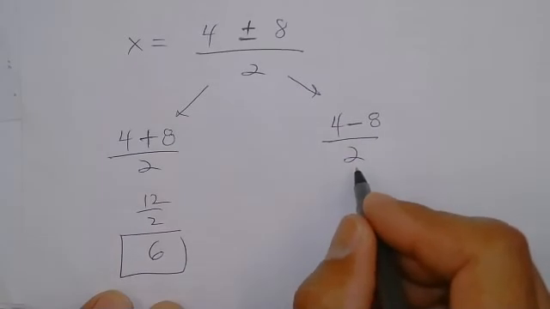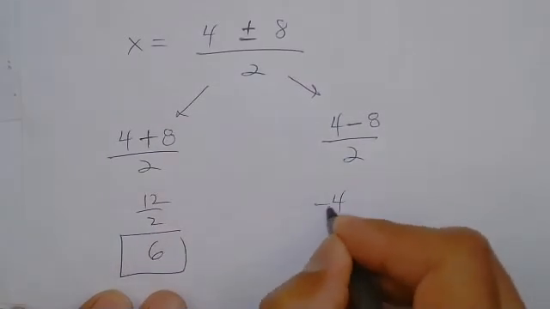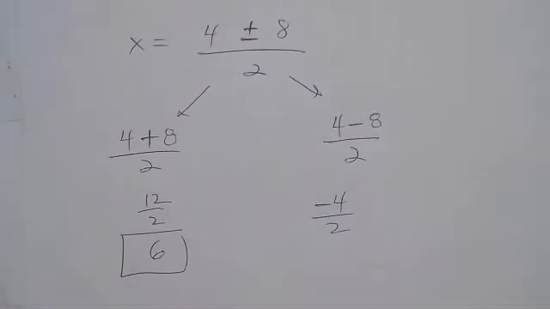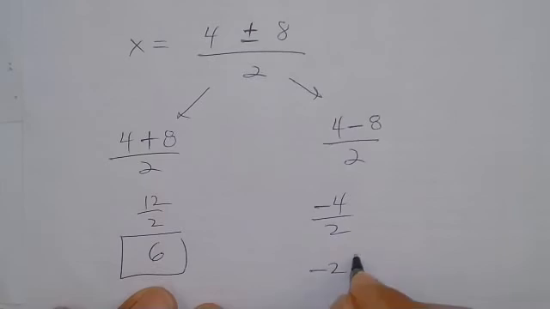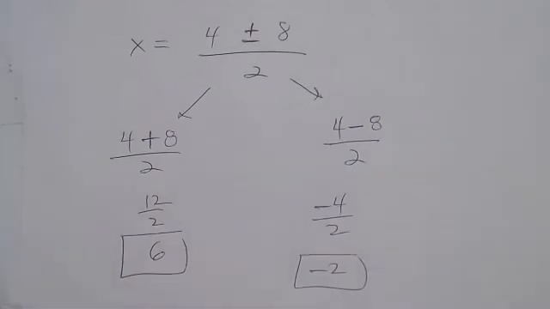So one of the answers is what? 6. Yeah. And this one over here is negative 4 divided by 2, negative 2. See, this one worked out nice. We got nice answers, but I did a really easy one just so that you get familiar with this formula.